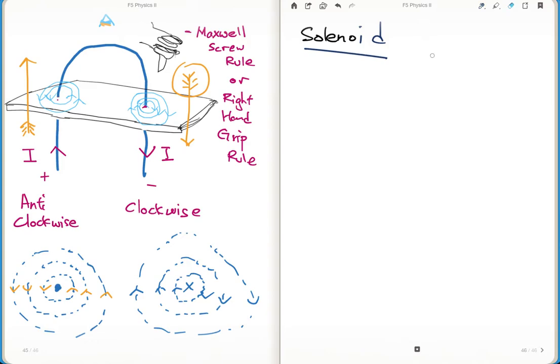Solenoid is like what you have seen in my previous page. Instead of winding together, you wind them around.